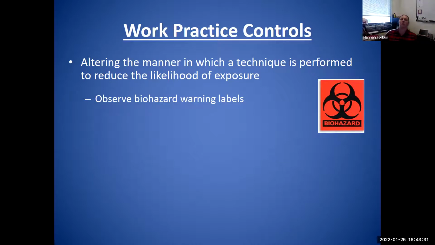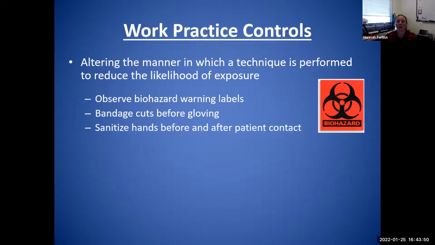And work practice controls are something that we are practicing, okay, such as observing the biohazard warning labels, putting bandages over any cuts that we might have on our hands before putting on gloves to treat our patient, sanitizing our hands before and after every single patient contact. Those are our work practice controls that we do every day, all day long, to minimize risk.